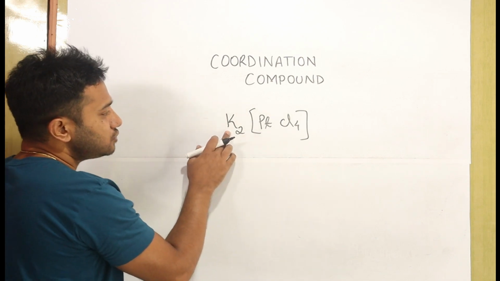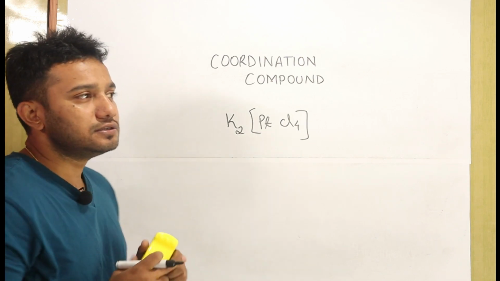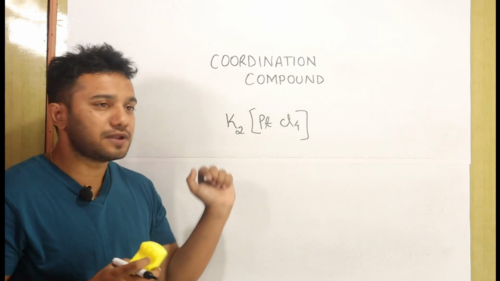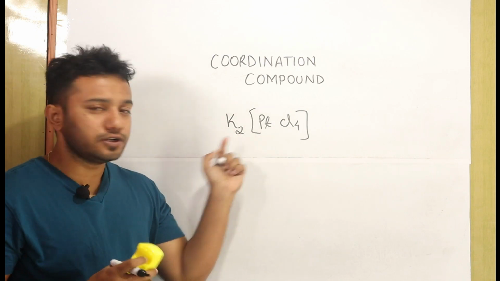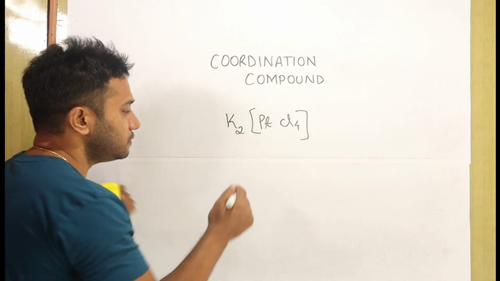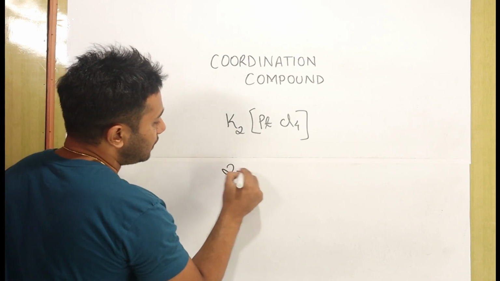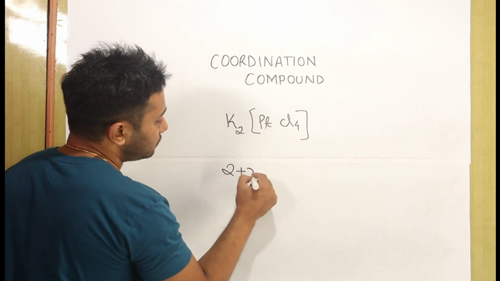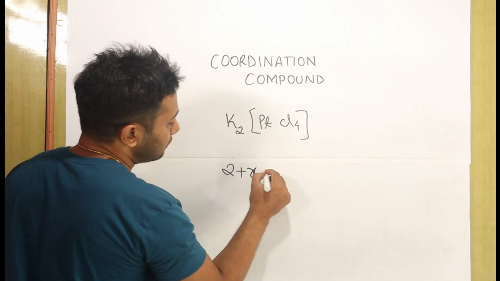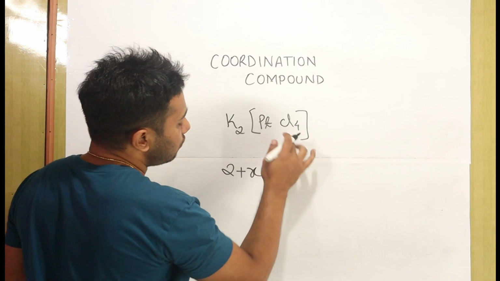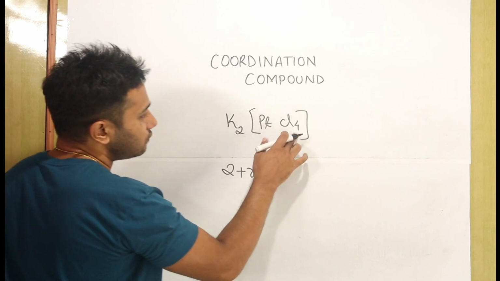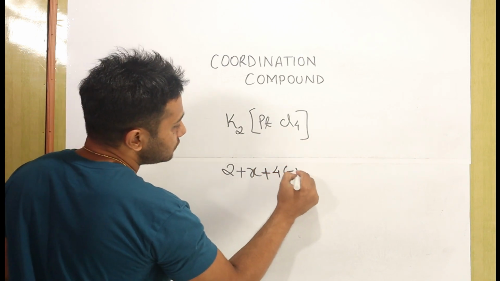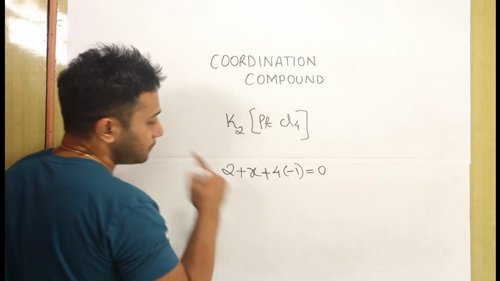And here, the charge of potassium, or the oxidation state of potassium, is +1. Since there is 2 here, 2 into 1 becomes 2. So 2 plus platinum, we are supposed to find the oxidation state of platinum, so I'll put it as X, and chlorine. The charge of chlorine is -1. Since there are 4 chlorines here, 4 into -1, equals 0.